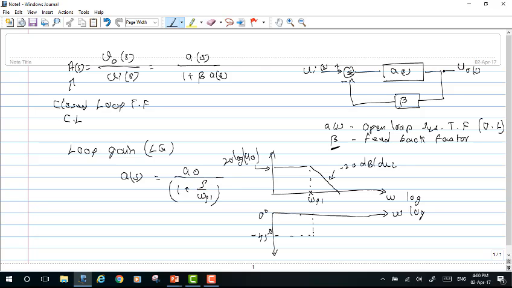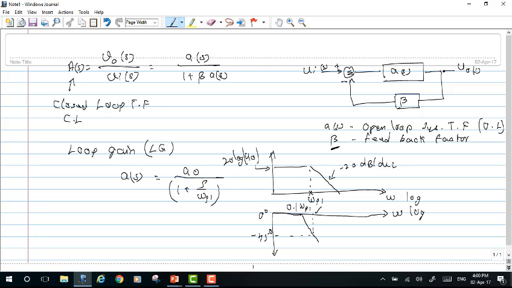And what we can approximate is when I'm a decade before this omega p1, the phase would be almost 0 degrees, and the moment I touch 0.01 times that of omega p1, the phase starts getting reduced, right?